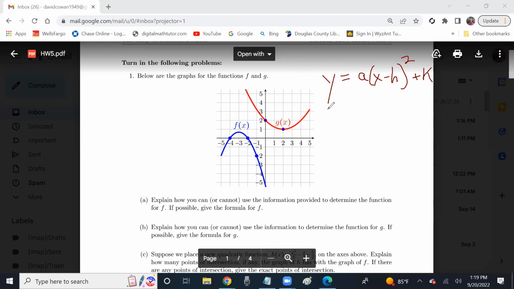So it'd be y equals a parentheses x minus 2, or plus 2, right? Or no, it is minus. The general format is x minus h. It'd be minus 2 squared plus 1.